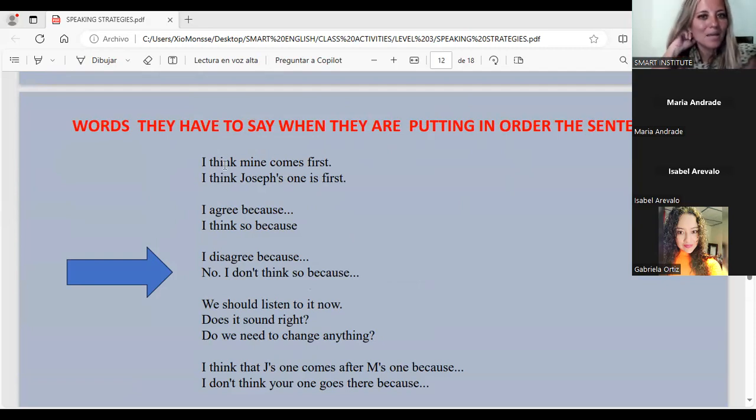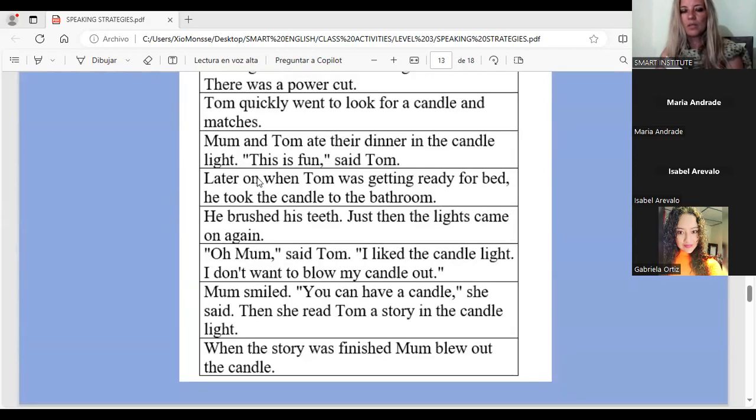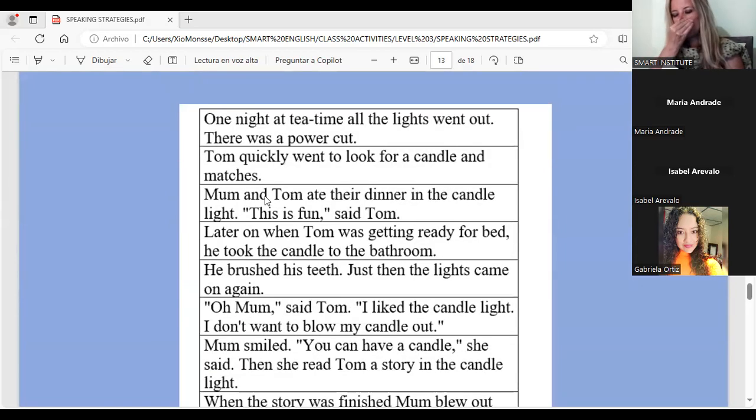I think mine comes first because every student has a paper, right? For example, this is my paper. A student has a paper, other students have papers. They have to put them in order. Suppose that you are given these papers, it's a short story or depends.